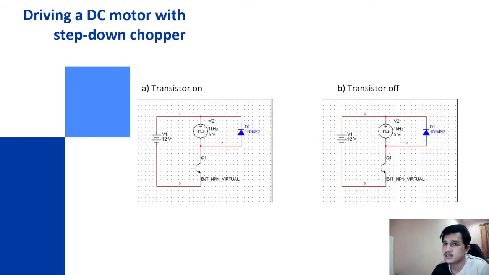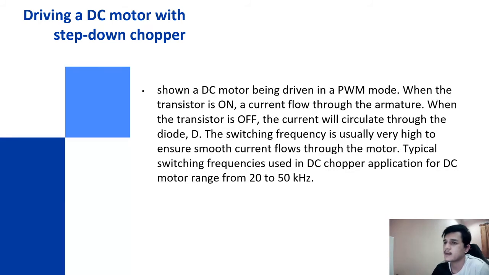Next, this is driving a DC motor with a step down chopper. A is the circuit with the transistor on, and B is the circuit with the transistor off. The DC motor is being driven in PWM mode.